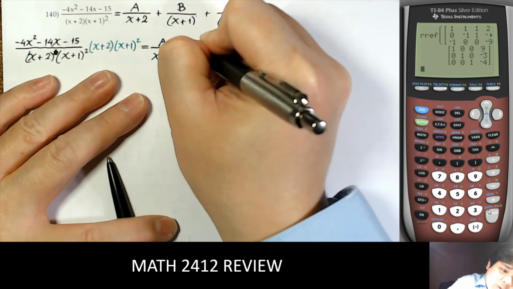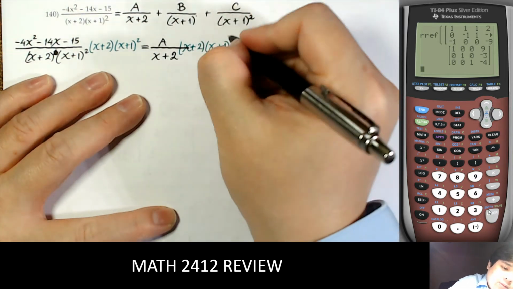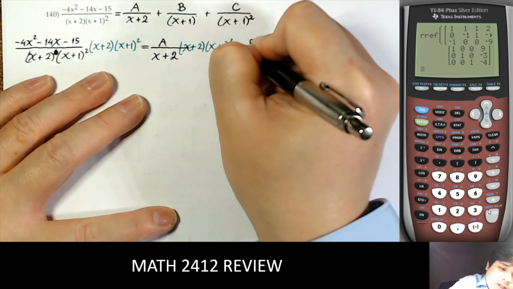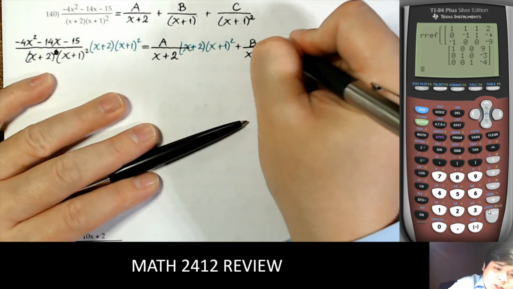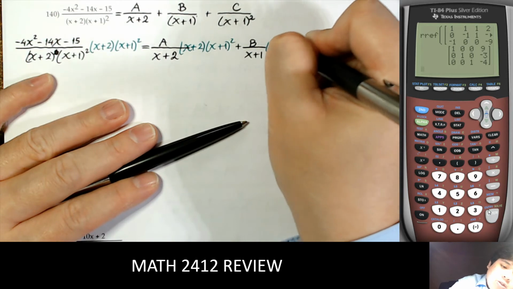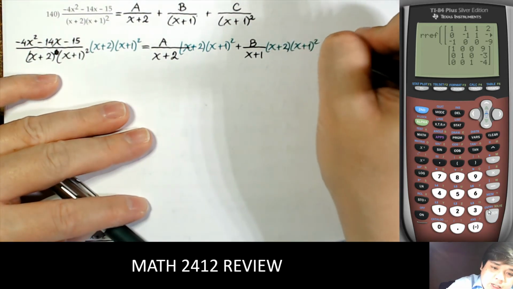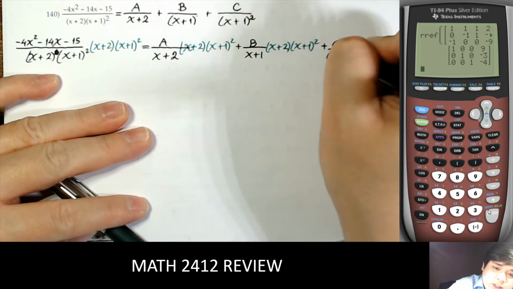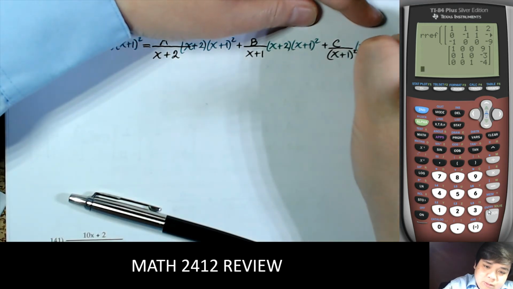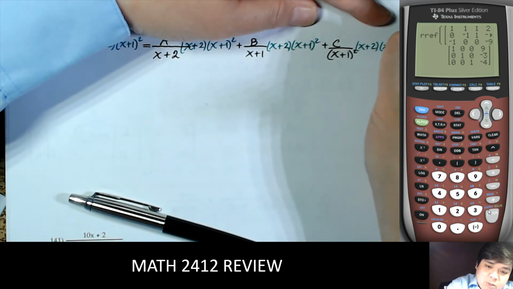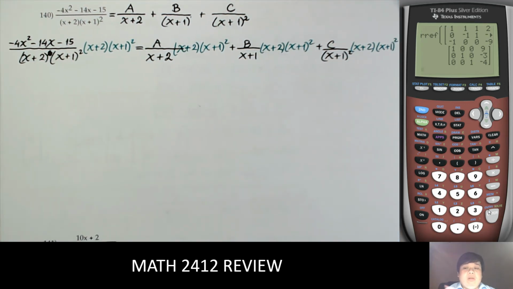A times x plus 2, x plus 1 square, b over x plus 1 times x plus 2, x plus 1 square, and then c over x plus 1 square times x plus 2, x plus 1 square over x plus 2, x plus 1 square. Right, this common denominator is multiplied to everything.